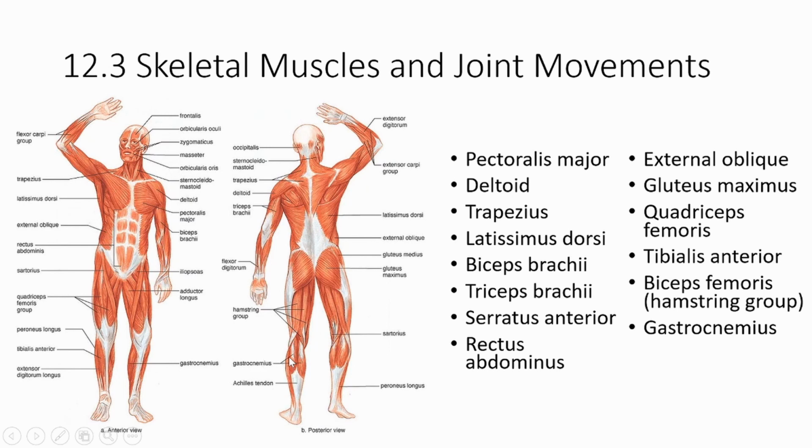And lastly, gastrocnemius, which forms the bulk of your calf and attaches to your Achilles tendon. Again, this is a short list of the skeletal muscles that you need to know. Make sure that you refer to your lab manual for the long list of muscles that you need to be able to identify.